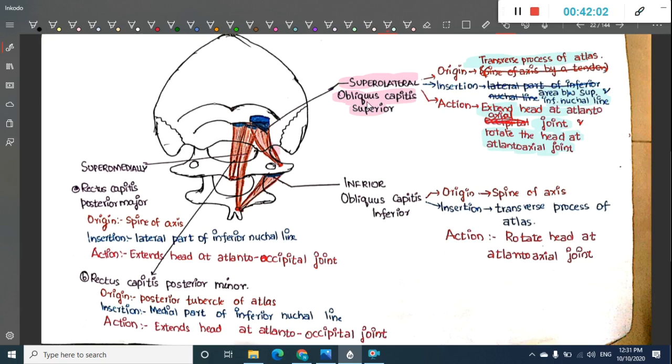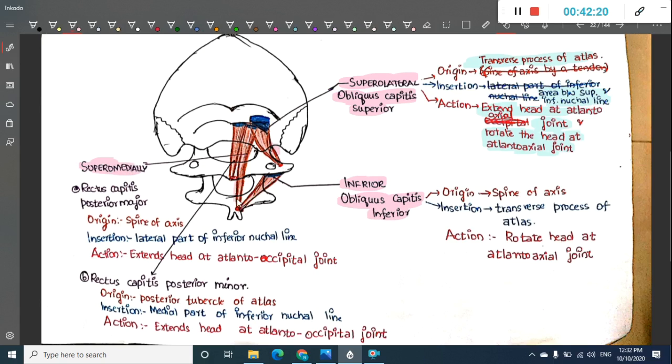So this is obliquus capitis superior. Then we have the next boundary: inferiorly, it is made up of obliquus capitis inferior. Superomedially, it is made up of two muscles.